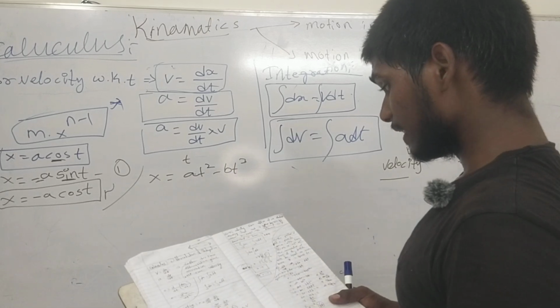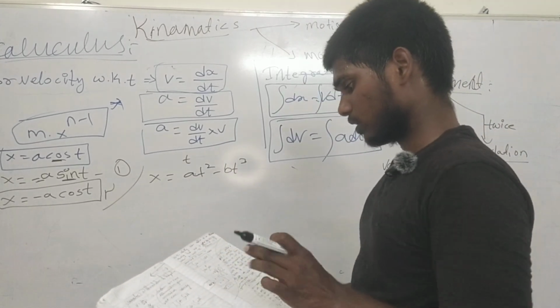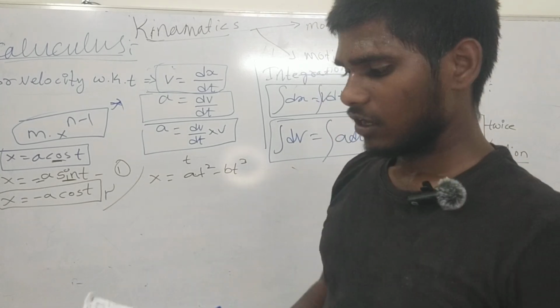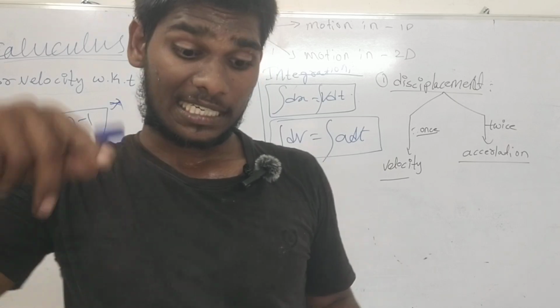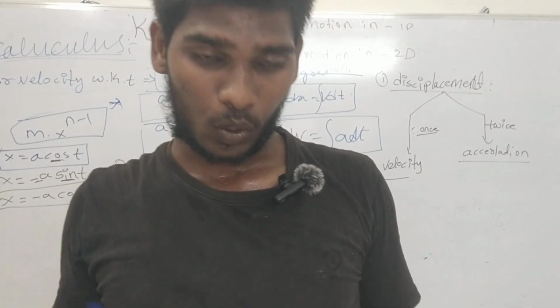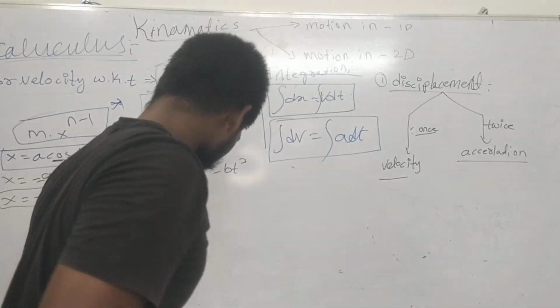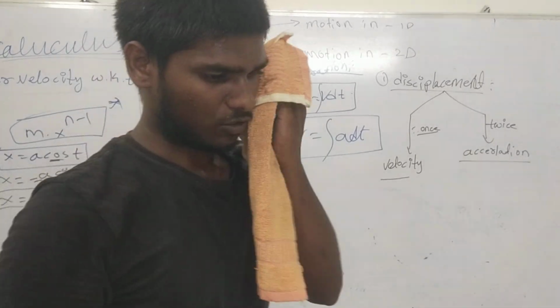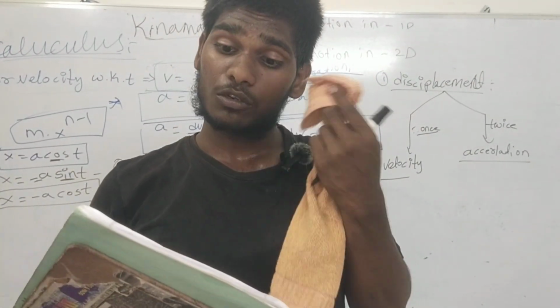The acceleration of the particle will be equal to 0 at what time? Listen carefully to the question. At what time will the acceleration of the particle become 0? That is what they are asking in the question.